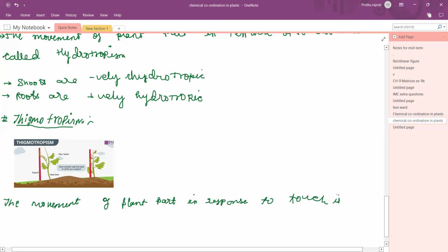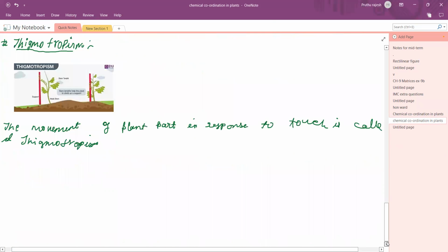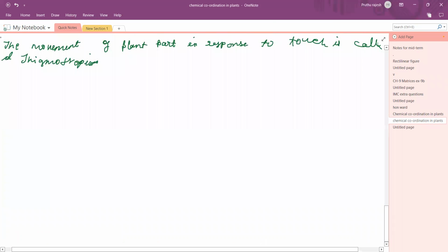Touch is called thigmotropism. Examples are also very important.